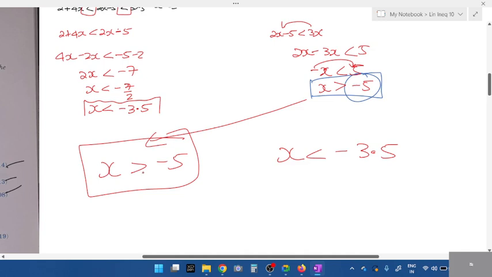Towards minus 5 or x? Minus 5. So I'll put minus 5 first, the arrow is facing towards minus 5, like this, and x. Then I'll bring this. X is already given. What symbol should I write? Less than 3.5.